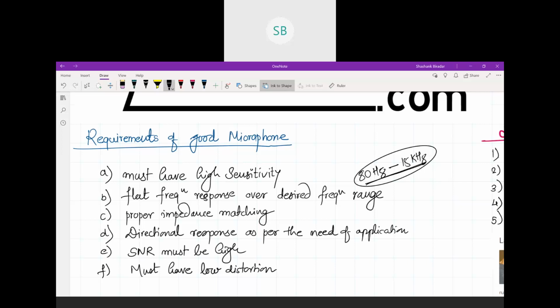The fourth requirement is directional response as per the need of application. As per the need of application, you are going to choose what kind of microphone is suitable for us. If we are dealing with certain recordings like musicals, then what kind of microphone do you need to use, whether a ribbon or a moving coil, that you have to finalize.